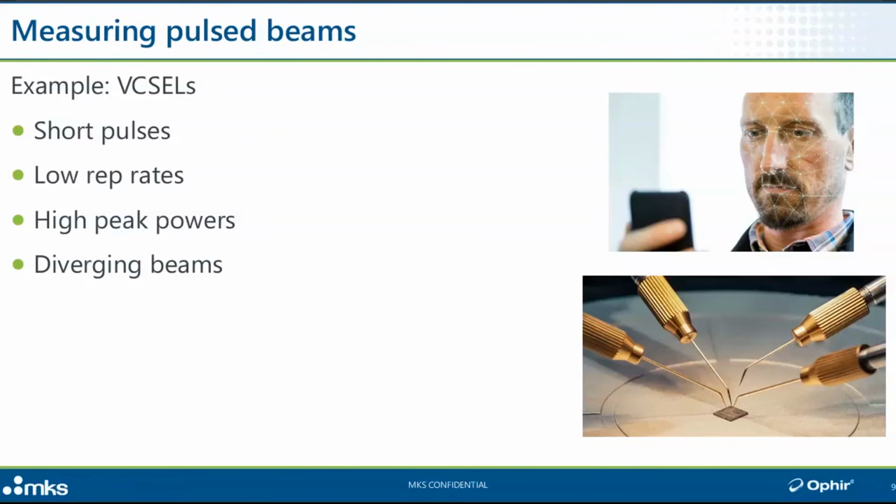So VCSELs are becoming the light source of choice in applications such as face and gesture recognition, which involve LiDAR, where unlike a camera-based face recognition system like the one used in my cell phone, which in theory could be fooled by a photo or might not recognize me if my face is a little bit different, these project an array, this is really cool, of something like 30,000 laser dots onto the user's face, and the distance to each dot is measured in the sense of a LiDAR distance measurement, and that creates a map of the person's face, and that can't be fooled by a photo.